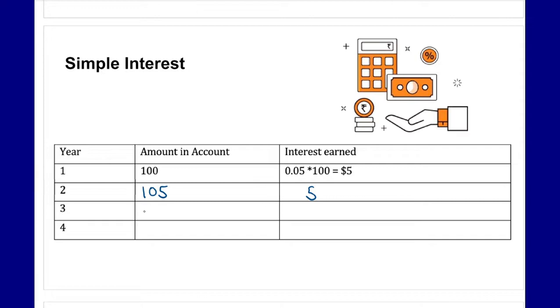Then year three, we have $110. That year, we only earn $5, and we end with $115. And again, we would earn $5 that year as well, and so on. So after 3 years of earning interest, a total of $115.